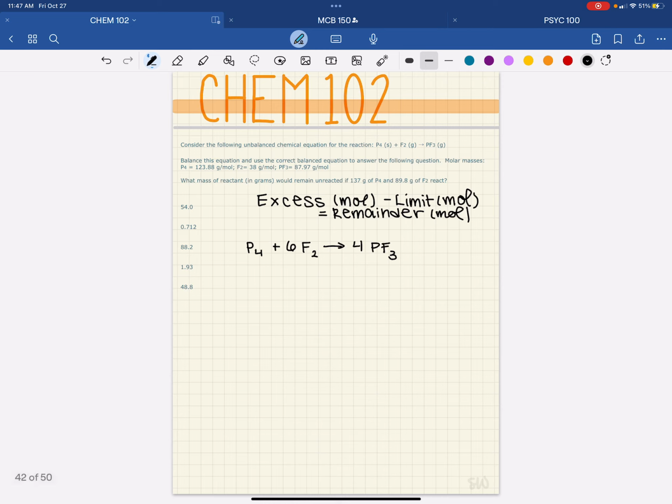So the next thing I'm going to do is convert 137 grams of P4 into moles of P4, which is going to give me 1.1059 moles P4.